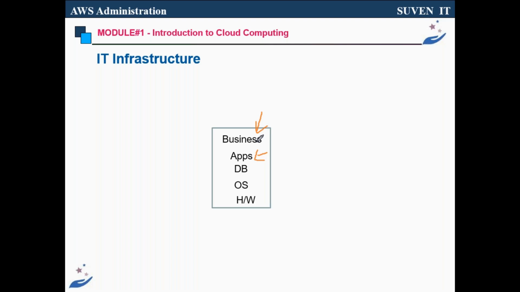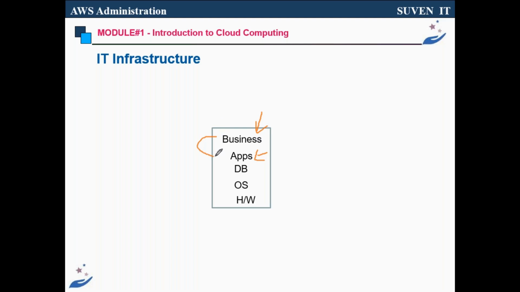Swiping the card is an application. Your barcode is an application. Payment processing is an application. Whether your product is available or not, inventory, is an application. Many applications are involved.